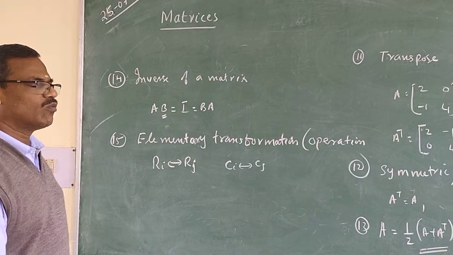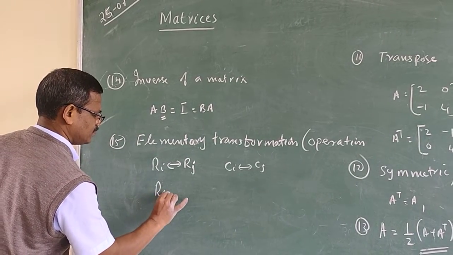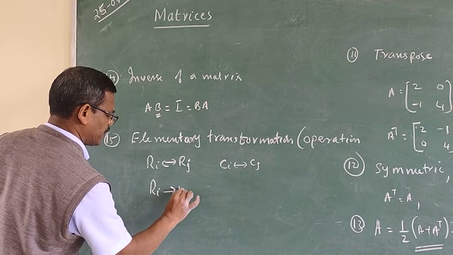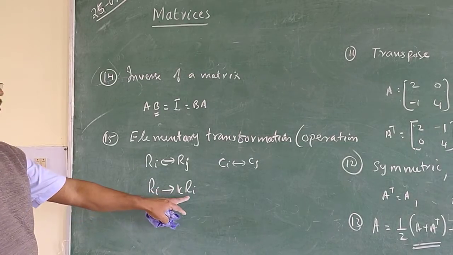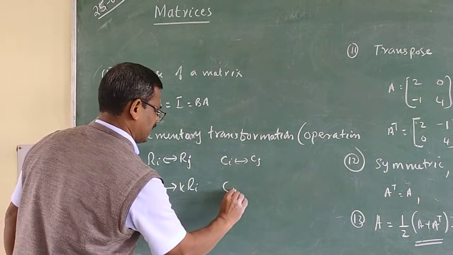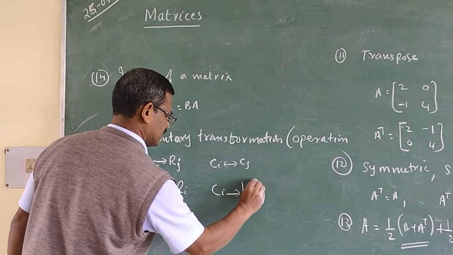Then the second is Ri becomes K into Ri: multiplying a row by a scalar, or multiplying a column by a scalar.